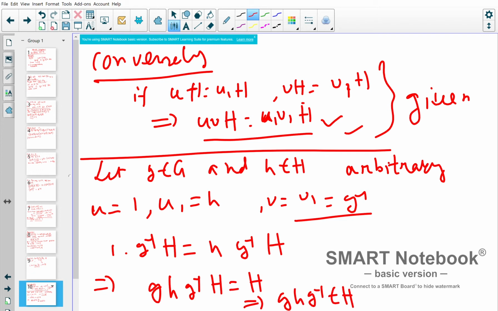This is a property of cosets. What did we prove? That if you assume the well-defined property, then for every G belongs to G and every H belongs to H, GH G inverse belongs to H, right? So this is a nice property which is required so that you can make this.